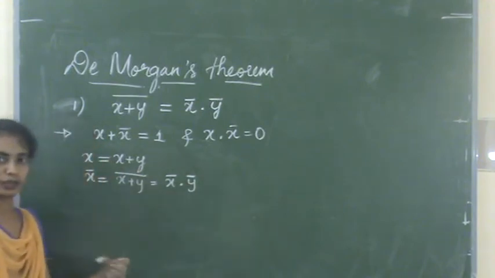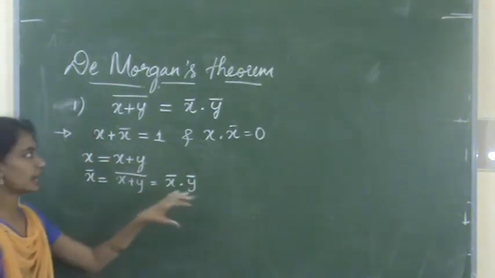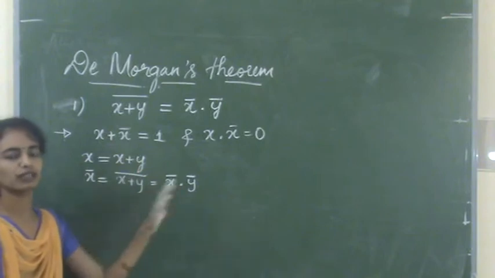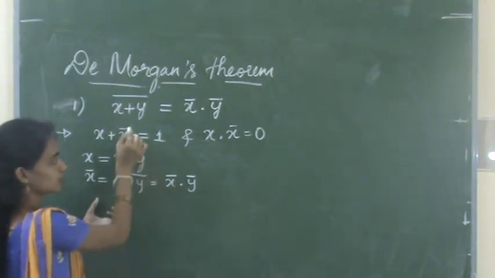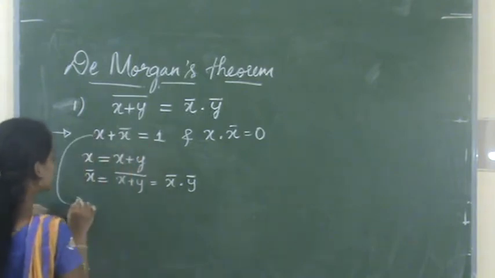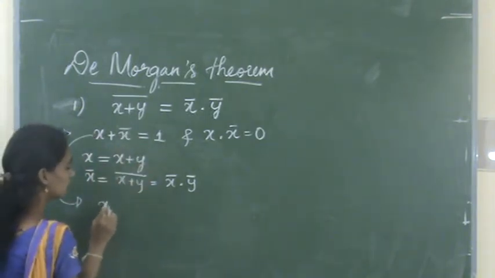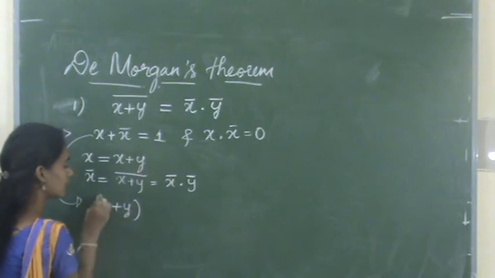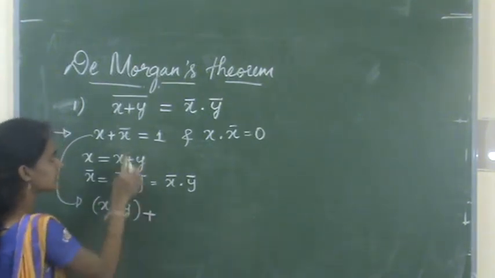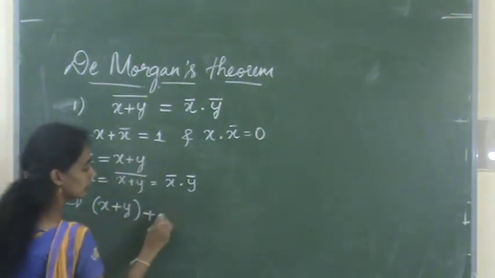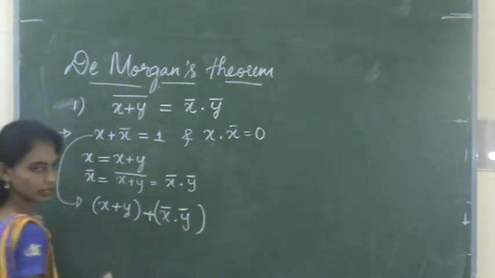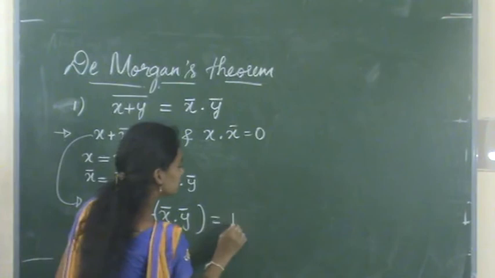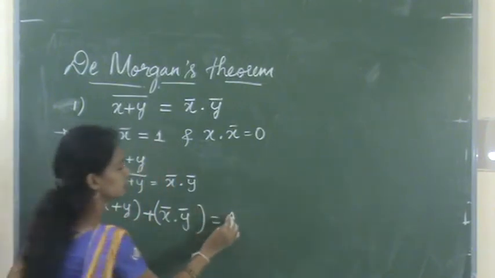We know that x plus y whole bar is equal to x bar into y bar. Initially we are assuming this is equal, and then we have to prove it. Now we get x and x bar. So what is x here? x plus y, plus what is x bar, that is x bar into y bar, is equal to 1.